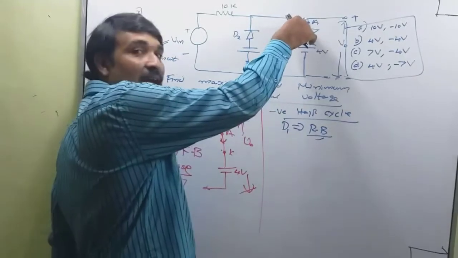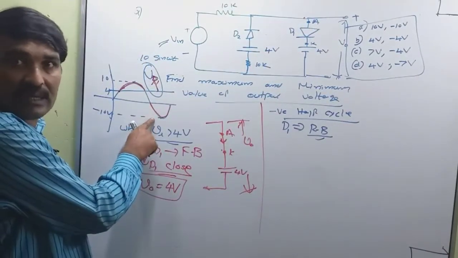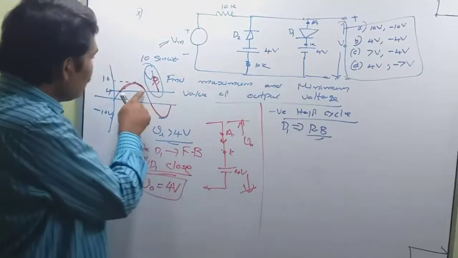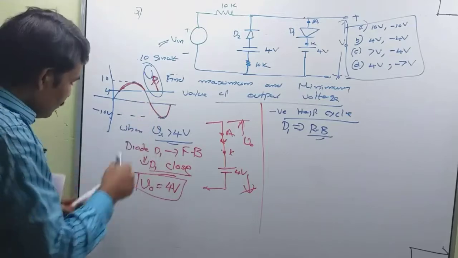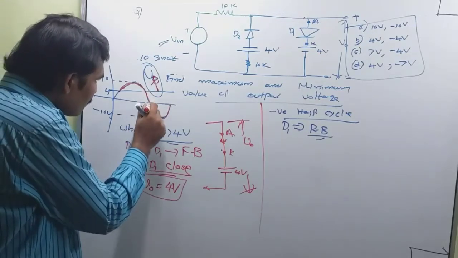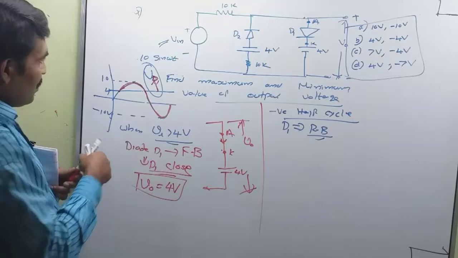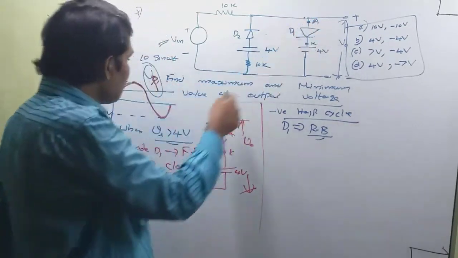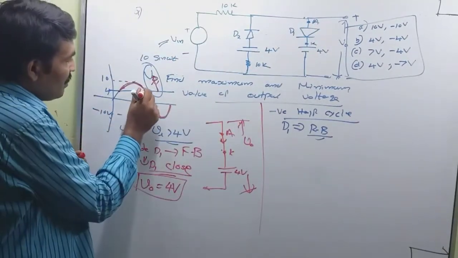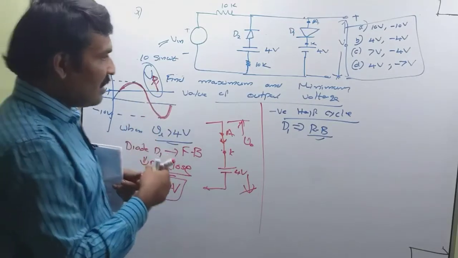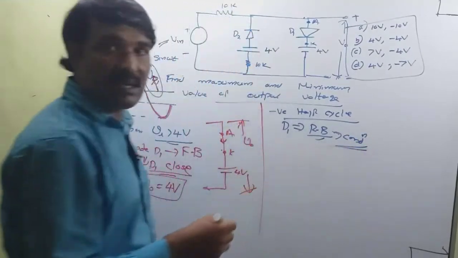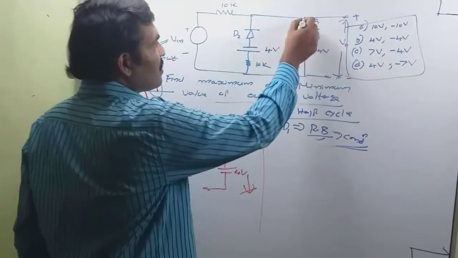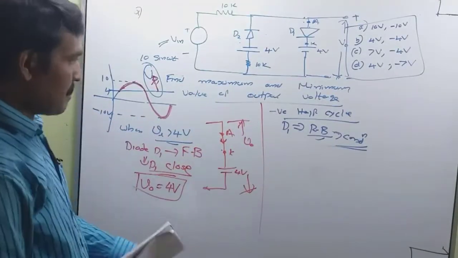That is, the voltage at the anode is coming negative, and after this point, the voltage at the anode is less than that of the cathode. That is, D1 is reverse biased. So this switch is open, and this diode D2 is in forward bias condition.